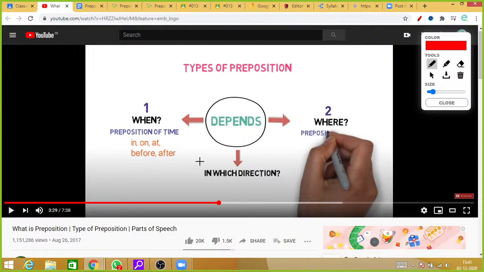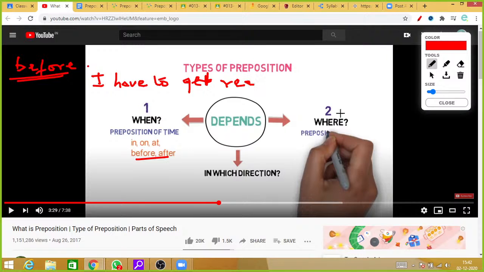Okay, so now types of prepositions. Now we had gone to before and after, which is not explained in this video. So before something, if you do something before a particular event occurs, then before meaning usse pehle. So, for example, I have to get ready before the classes start. आज ये neatly लिख नहीं रहा है.